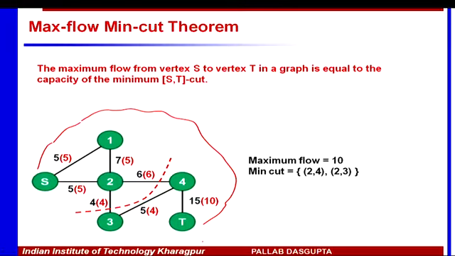So, if I add up the capacities of the edges on that cut, then the flow cannot exceed that. But for the minimum cut, I can always find a flow which will equal that. That is what this max flow min cut theorem states, and the theorem was presented by Ford and Fulkerson.